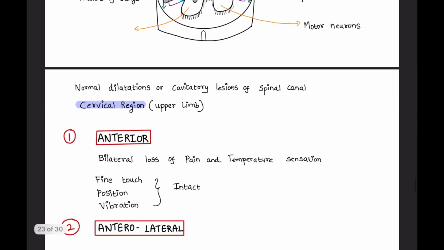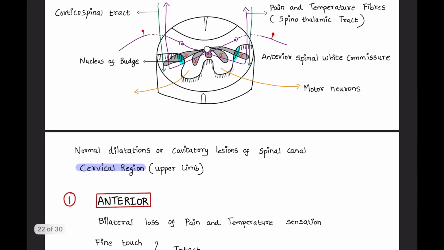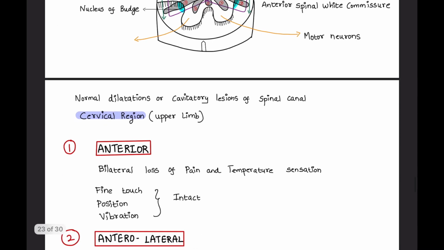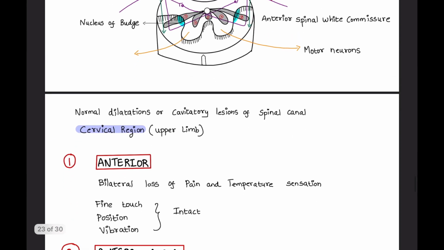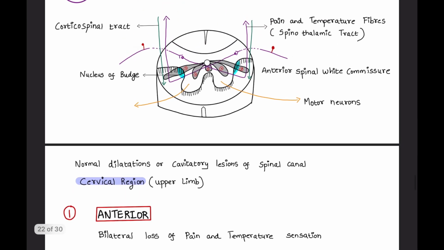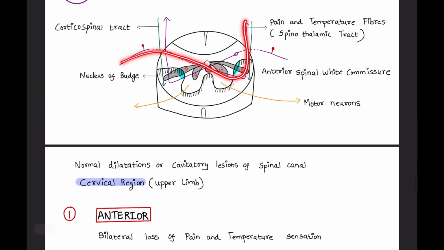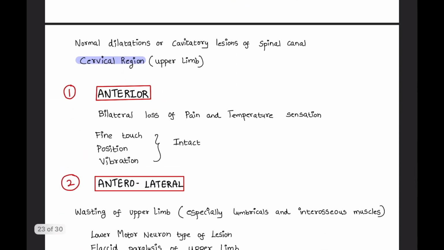There will be bilateral loss of pain and temperature because both the nerve fiber tracts are affected at the center. Only these two spinal tracts are affected, the rest of them remain normal. So the patient will have normal or intact fine touch, position and vibration.